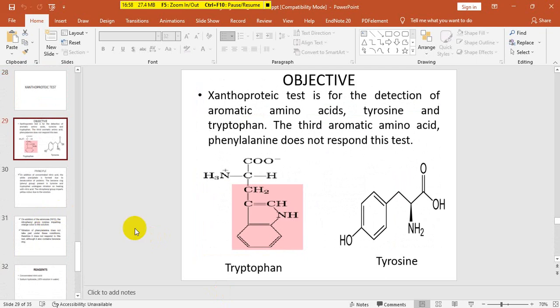So you can see the Xanthoproteic test is for the detection of aromatic amino acids, tyrosine and tryptophan. This is the structure I drew, and it is the same here. So we look for this ring in an amino acid mixture.